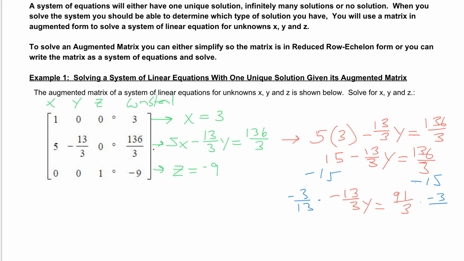Negative 3 over 13. And I end up with y equal to negative 7. So I can say that my answer is x equals 3, y equals negative 7, and z equals negative 9.